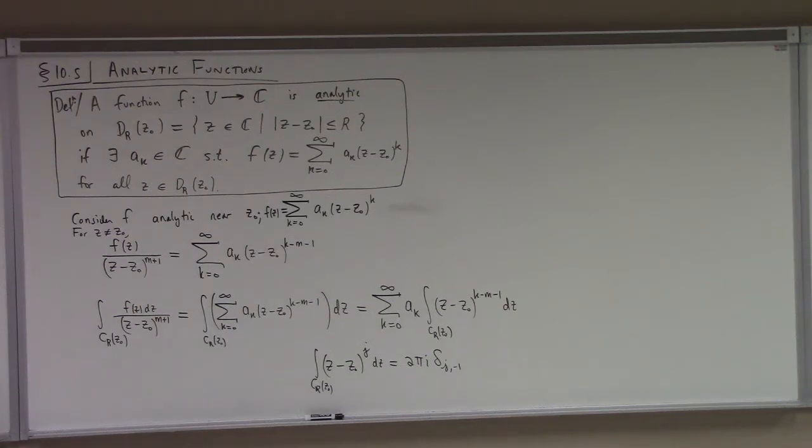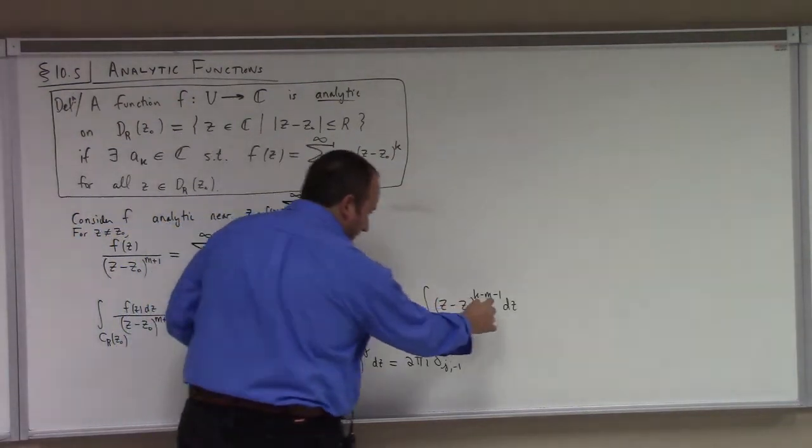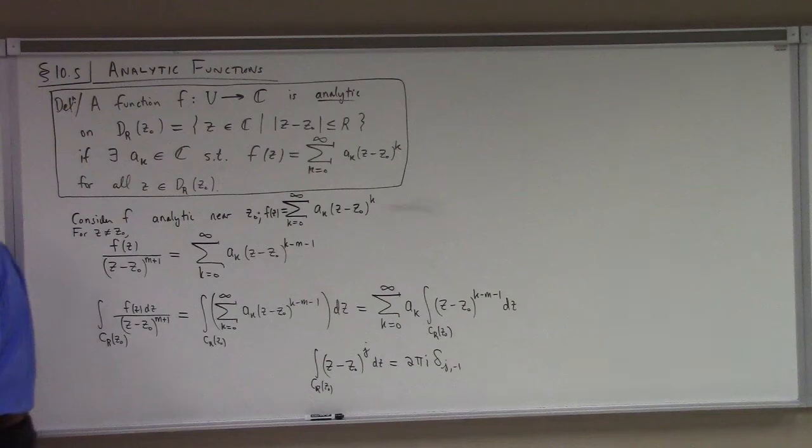So that series of integrals is almost entirely 0. There's only one non-zero contribution from all of those things, namely the case that the exponent is minus 1, which is what?